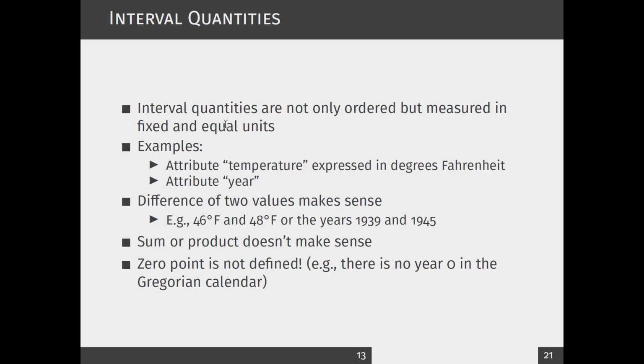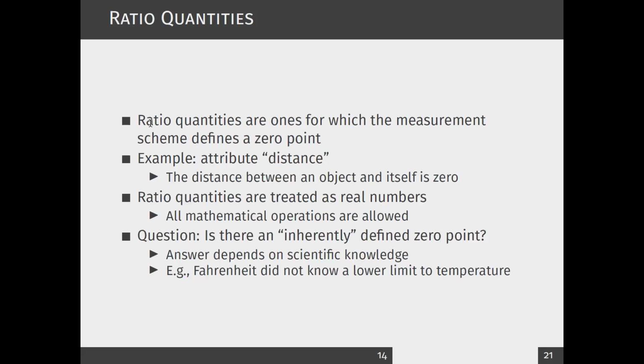If you sum up, you don't have any meaning, especially if you take adding two years, it doesn't mean anything at all. At the same time, if you think about the zero point for a year, it's not defined. So these are the things you need to consider when you talk about attributes.